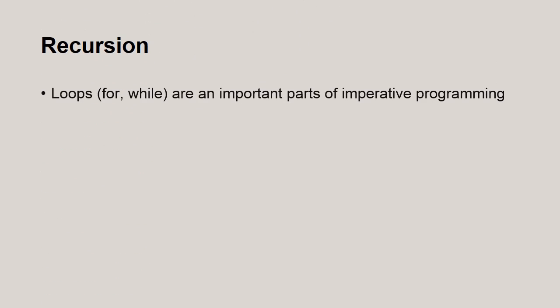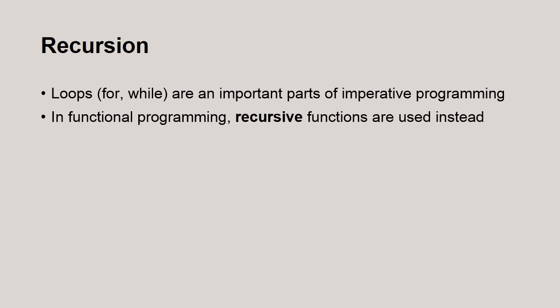Recursion. The trusty loop, whether it's a while or for loop or one of their relatives, is a core part of imperative programming and therefore most object-oriented programming as well. This isn't the case in functional programming. Instead, recursive functions are used.